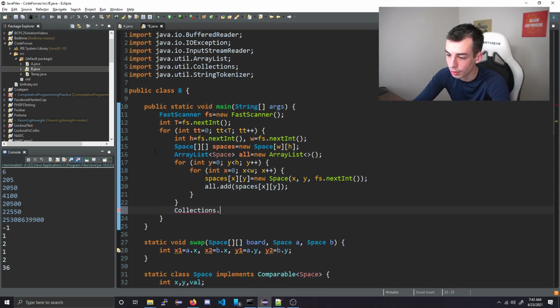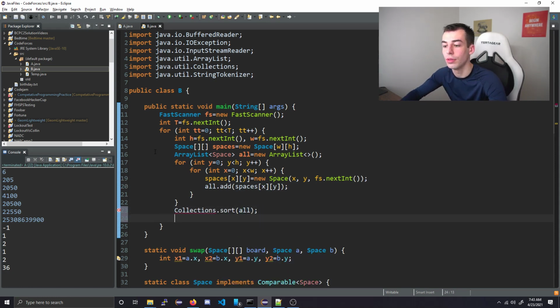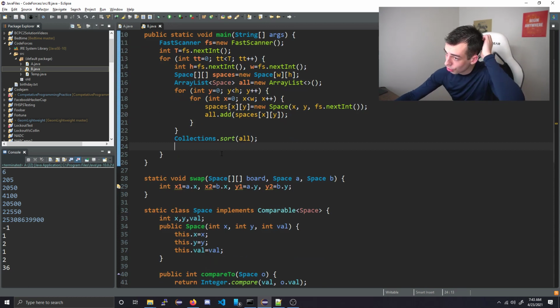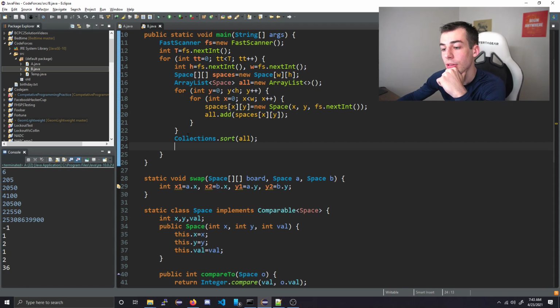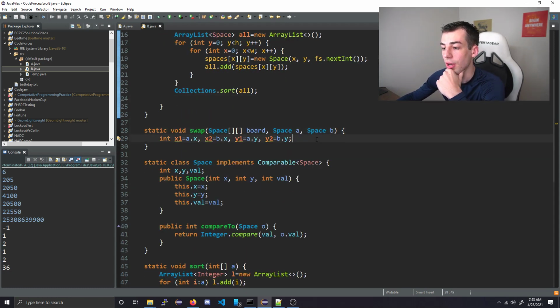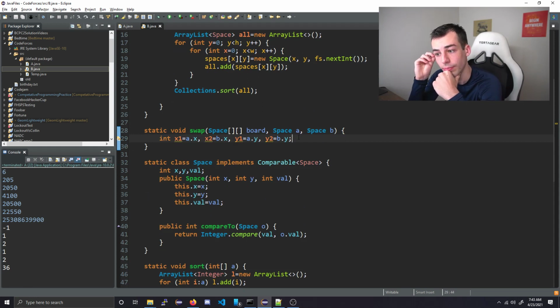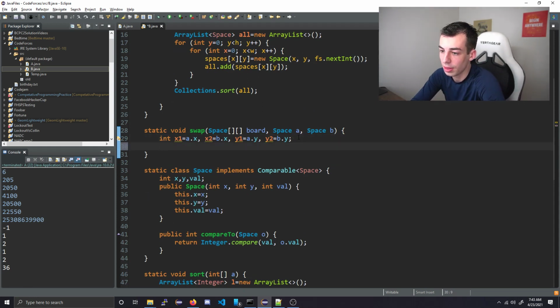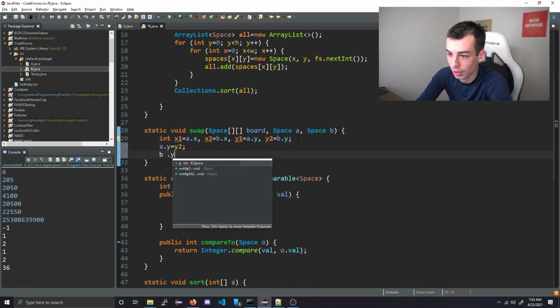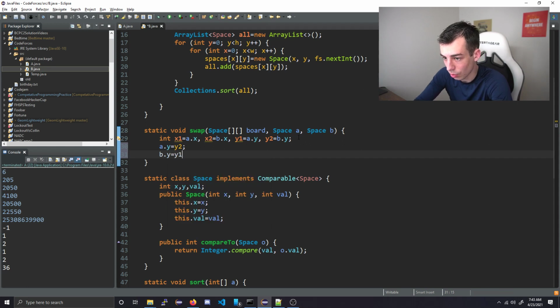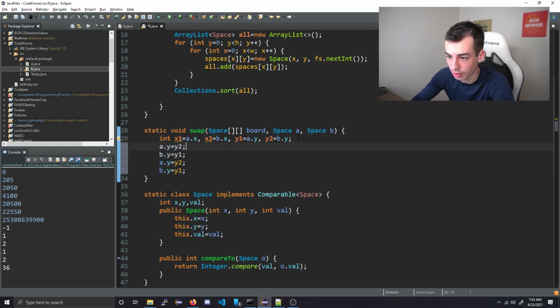Sort all of these things. Okay, so now we want the first W to be moved to their correct spaces. So how do we swap these two? Yeah, okay, so we get these, then we want to say a.y equals y2, b.y equals y1, and then same thing with x's.